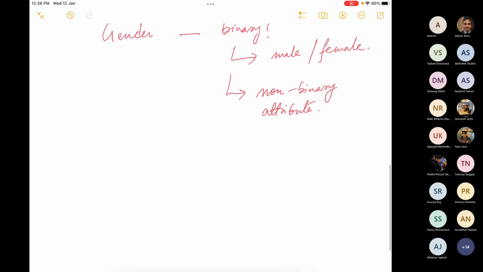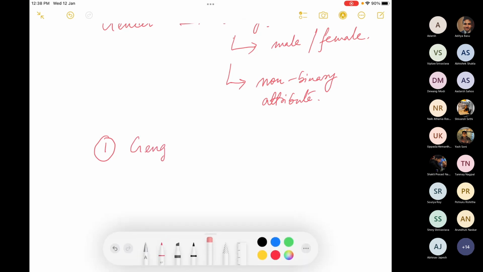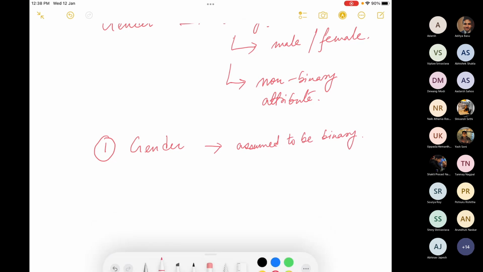So now we have one important point: gender in this paper is assumed to be binary for their analysis.